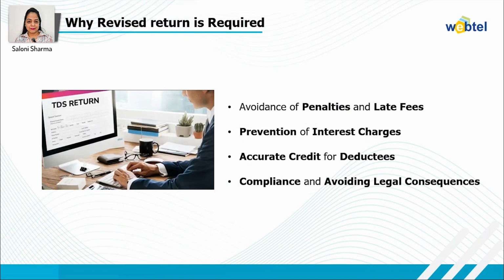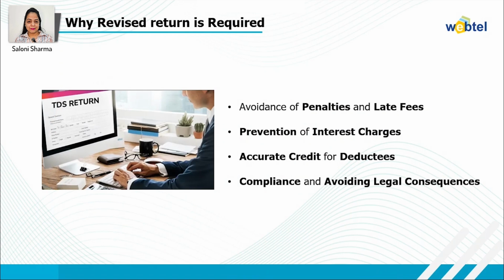There are many reasons for which a TDS revised return can be filed, like the avoidance of penalties and late fees. There could be the prevention of interest charges, so you need to pay the taxes on or before the due dates, and then accurate credit for the deductees.